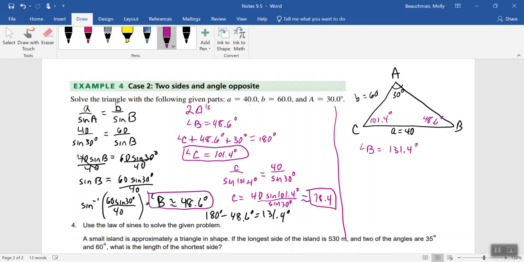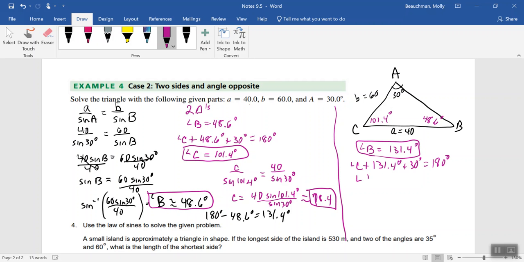So in case number one, angle B is 48.6 degrees, angle C is 101.4 degrees, and little side length C is 78.4. So in the second triangle, if angle B is 131.4 degrees, then angle C plus 131.4 degrees plus 30 degrees is equal to 180 degrees.